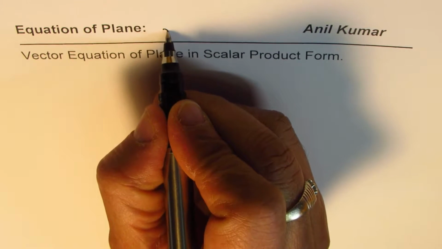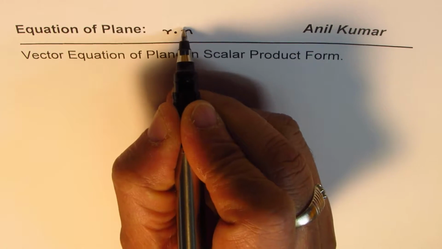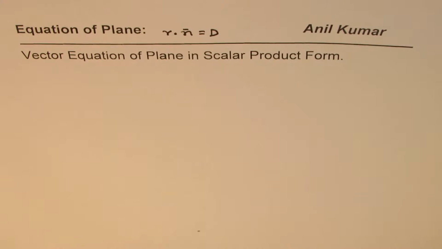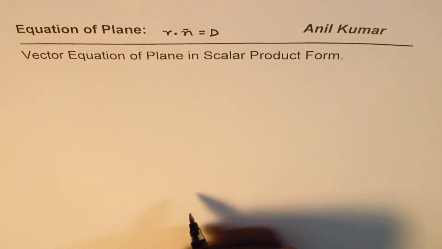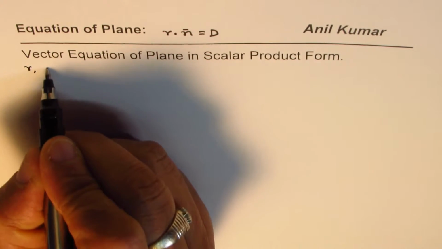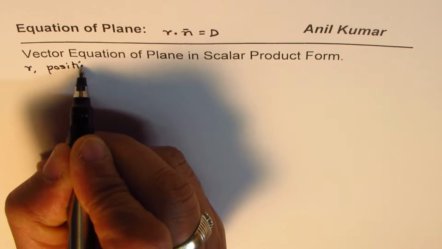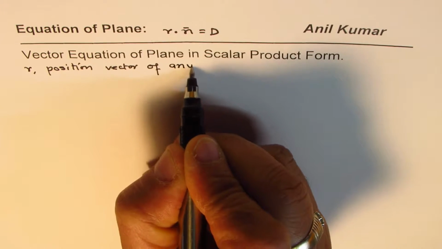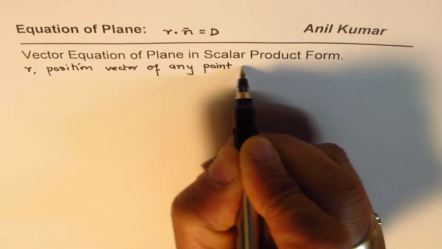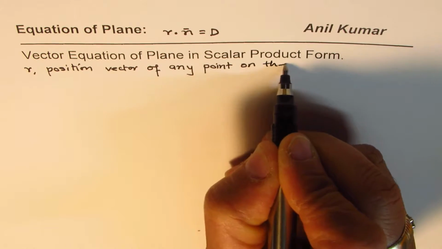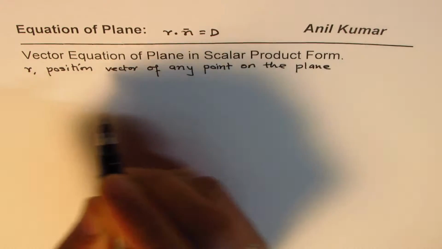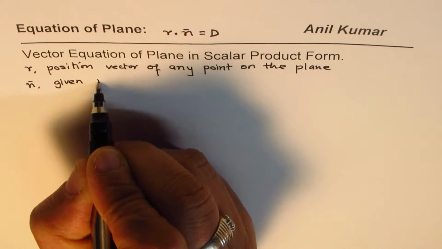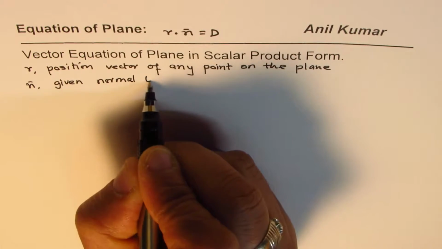The equation, as you know, is r dot n equals capital D. That is the equation we are going to derive in this video, where r is the position vector of any point on the plane, and n is the given normal vector, normal to the plane.